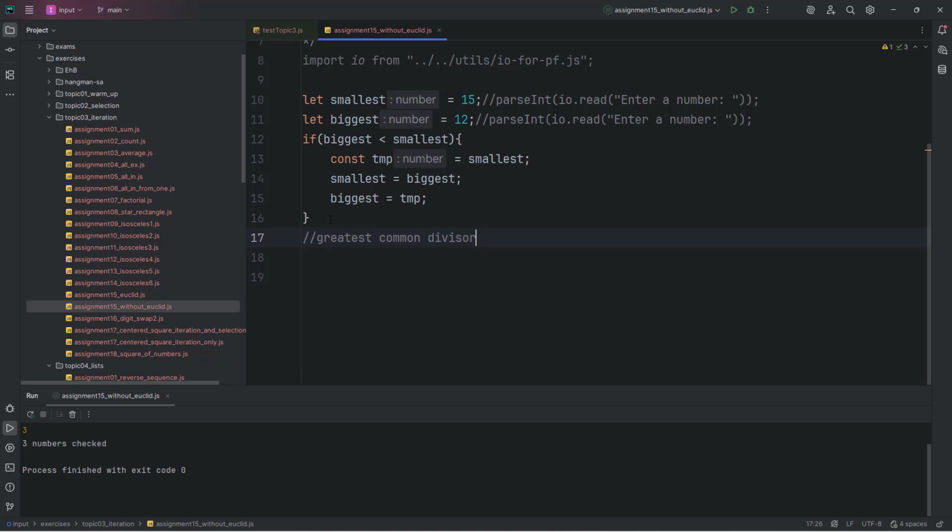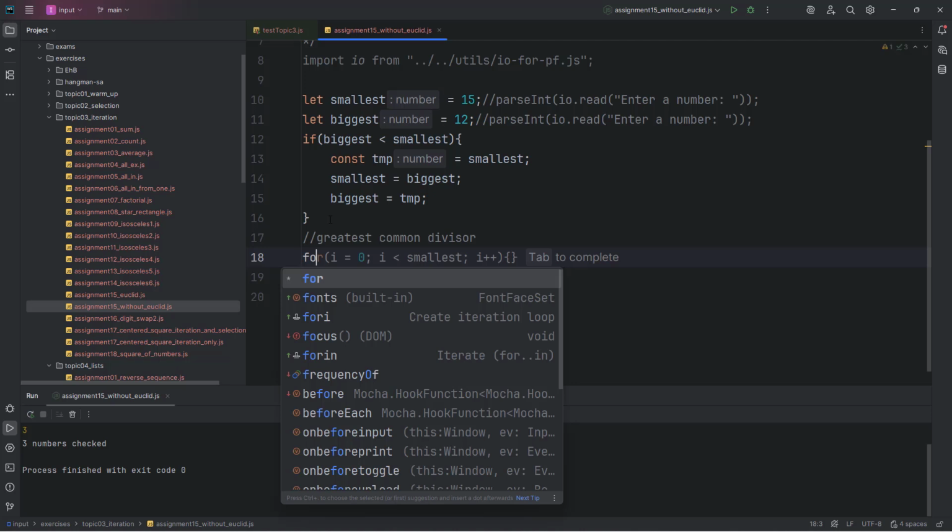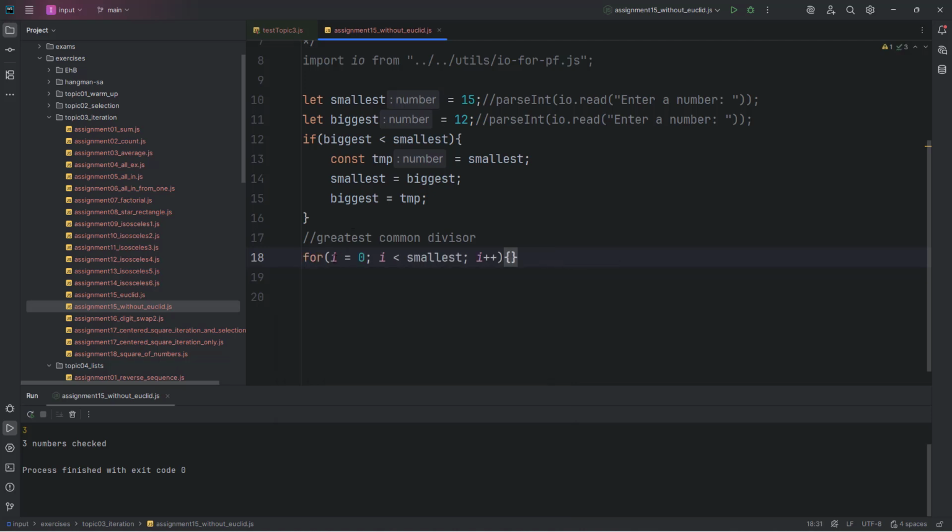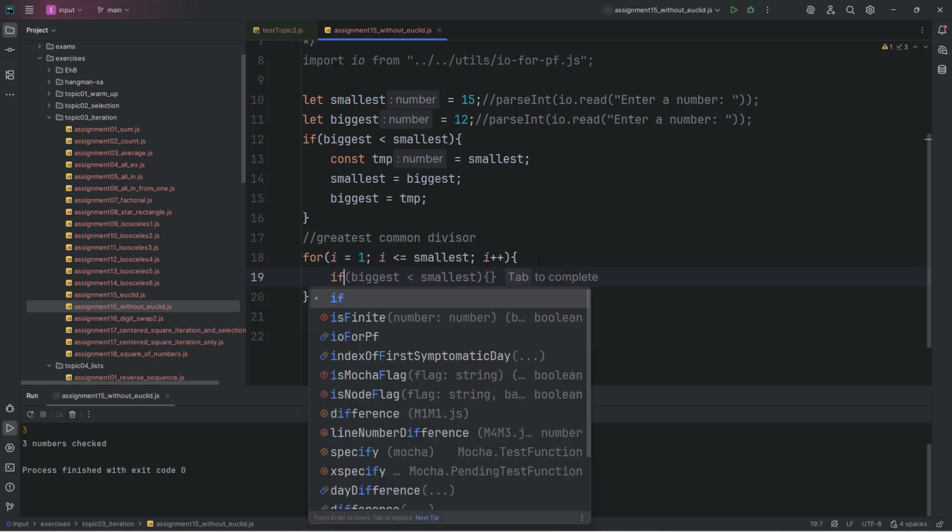Well, we can easily print all the divisors, let's say for smallest to begin with. And for that, I will have to run over all possible divisors, starting at 1, all the way up to smallest, and check if it's a divisor.